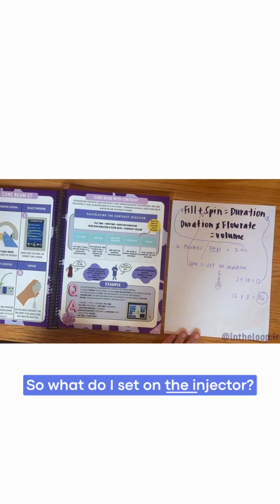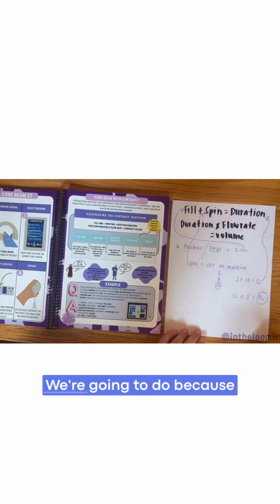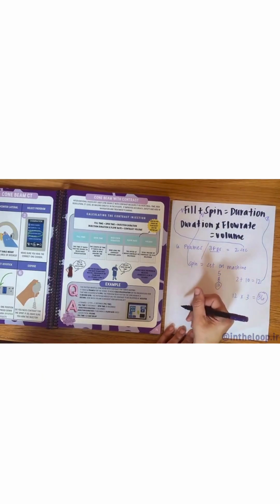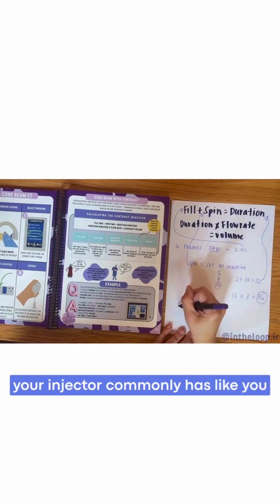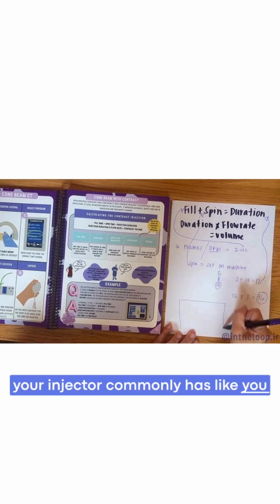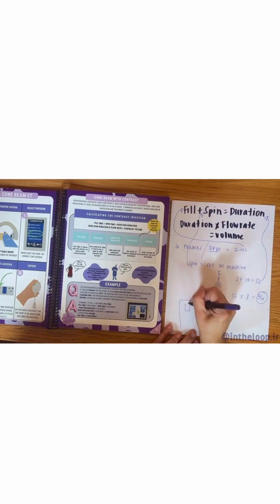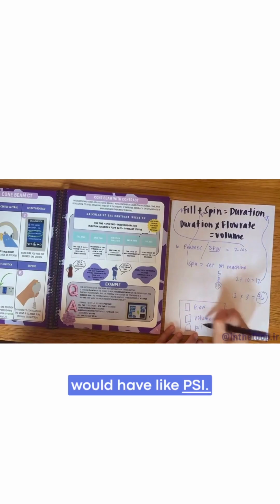So what do I set on the injector? Your injector commonly has flow rate, volume, and then you would have PSI.